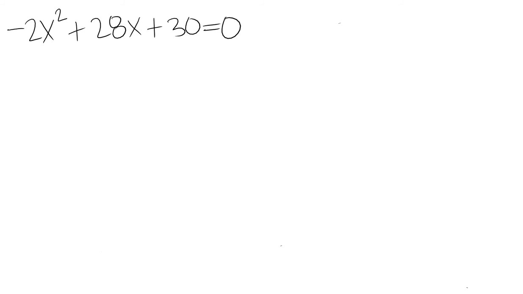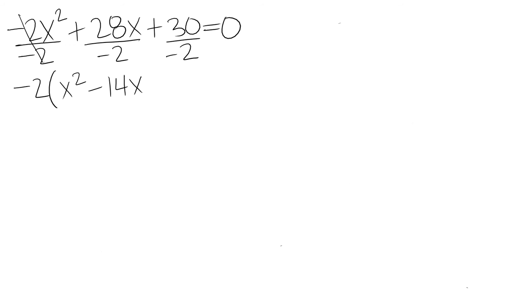So for this problem, I'm going to take out the GCF of negative 2. Okay, and then what I'm left with, this would cancel, so just x squared minus 14x minus 15 equals 0.